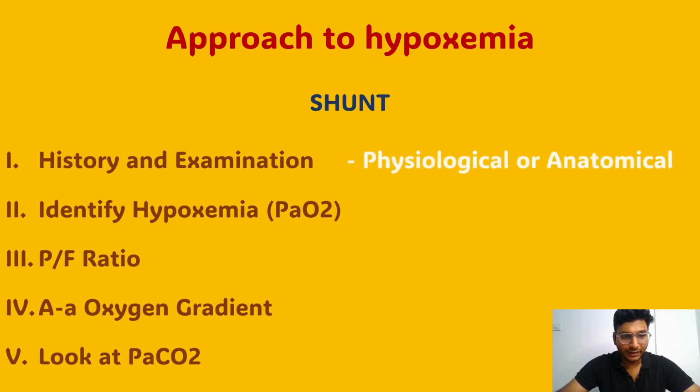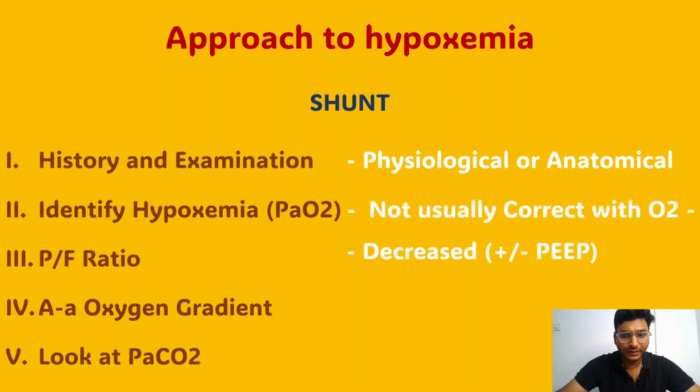In shunt, in the history, you can get a history of any VSD or any tetralogy of Fallot physiology, and hypoxemia will be there, and it will not be corrected using oxygen. That is the major difference between shunting and your ventilation perfusion mismatch. In shunting, if you are giving oxygen, it might not be corrected with your normal oxygen.